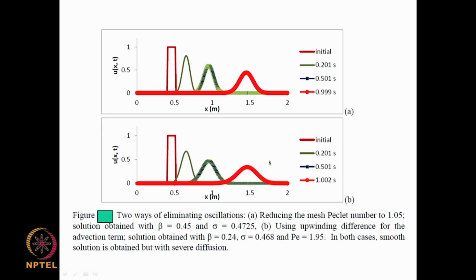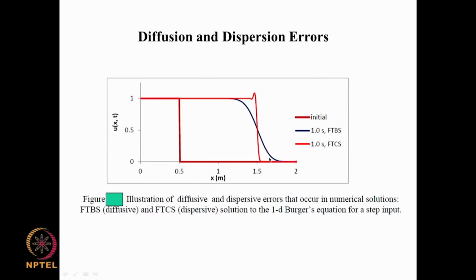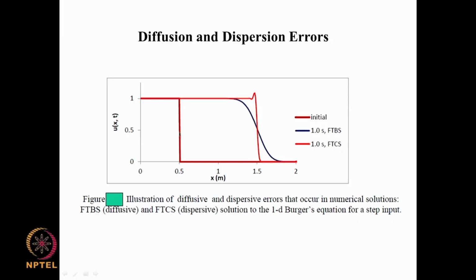diffusion. So, this is something that we have with numerical schemes. With numerical schemes we have what is known as diffusion error and dispersion error. Diffusion error is for example, in this particular case, this is a pulse which should have come at 1.5 meters per second, it should have come as a sharp step down exactly like this, but a diffusive solution actually gives you a smooth solution like this.